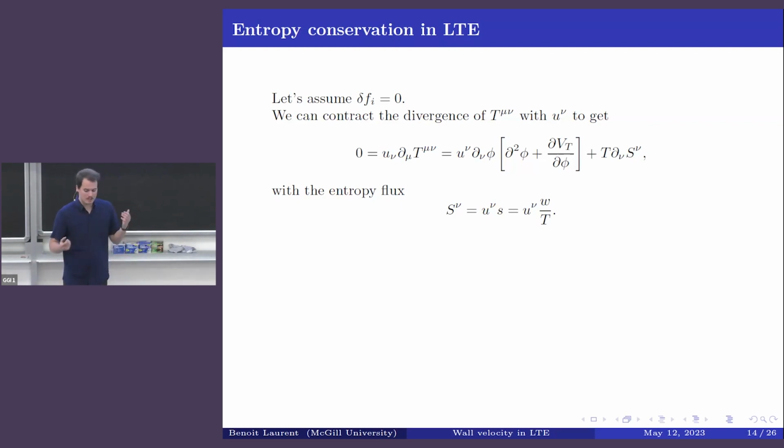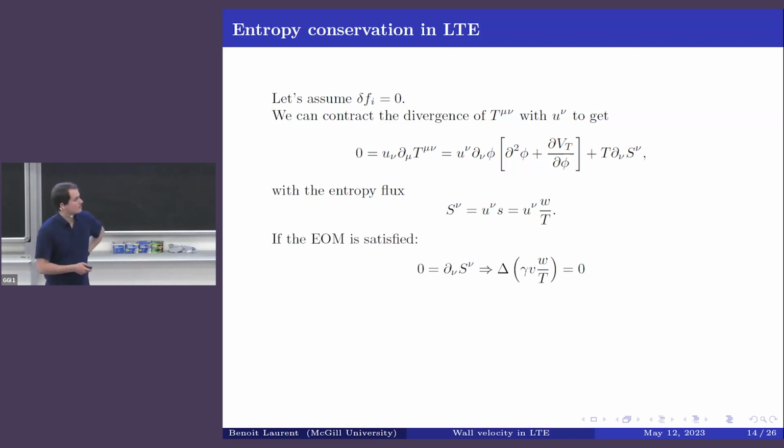So basically, in local equilibrium, entropy is conserved. This is not necessarily a very surprising result. It's quite often the case in fluid dynamics that we have entropy conservation when we are in equilibrium. But here it really shows that this also applies in a first order phase transition.